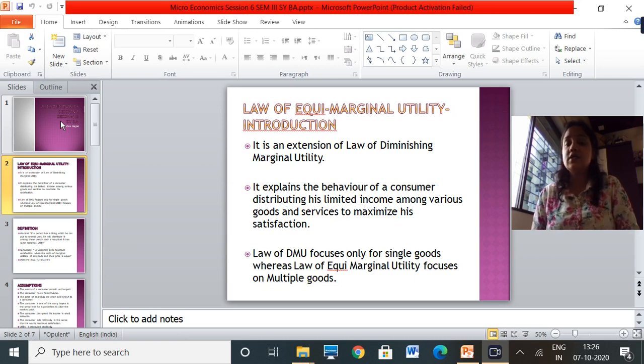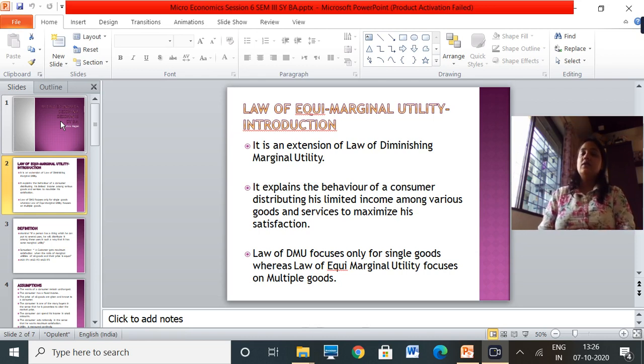That is also called consumer equilibrium. It is the extension of the law of diminishing marginal utility. It explains the behavior of a consumer distributing his limited income among various goods and services to maximize his satisfaction.